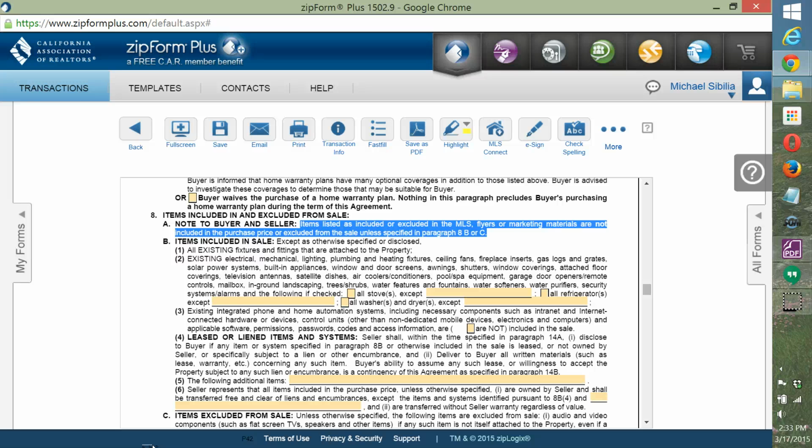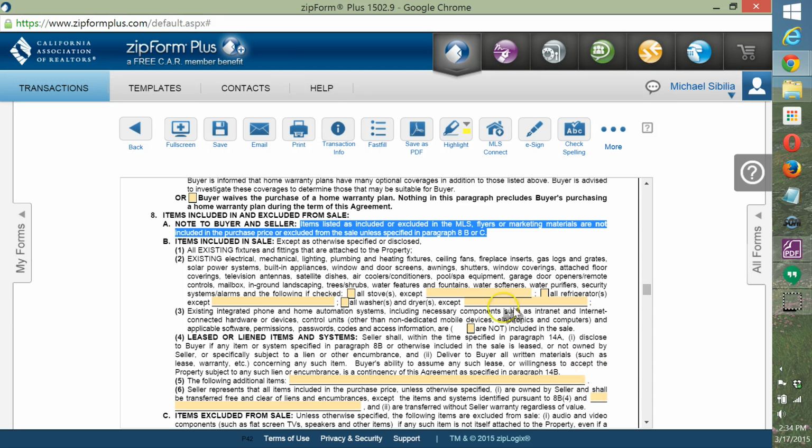And what does this paragraph say? What the MLS says is not important, right? The listing agreement is between the listing office and the seller, and the MLS is simply a distribution of information. It does not create a binding contract between the buyer and the seller, right? It's not incorporated into that.